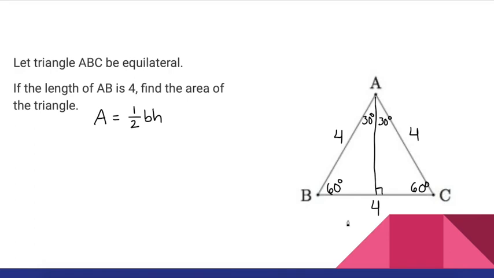And so we have a 30, 60, 90 right triangle, and we can use that to find the height. Since half of the base is this short leg, that's just 2. That tells us that the height is 2 times the square root of 3, just using that 1 to square root 3 to 2 ratio that we know for 30, 60, 90 special right triangles.